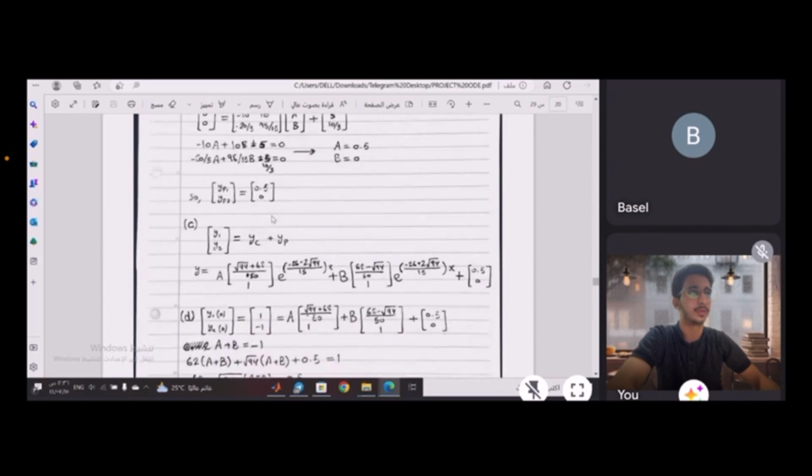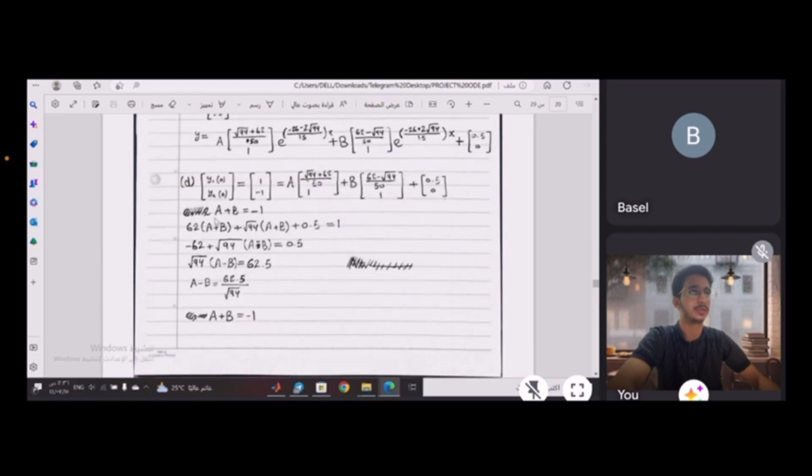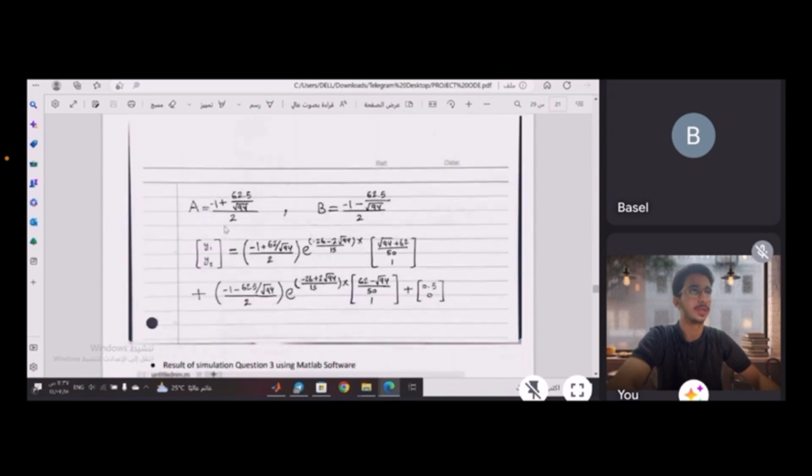So when we find lastly yp1 and yp2, 0.5 and 0. And for C, we have to find y, which is yc plus yp. This way, we combine them together, and for D, we have to find A and B. So A is equal to this and B is equal to this.